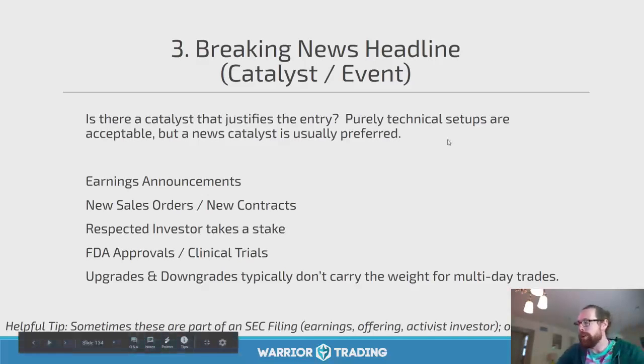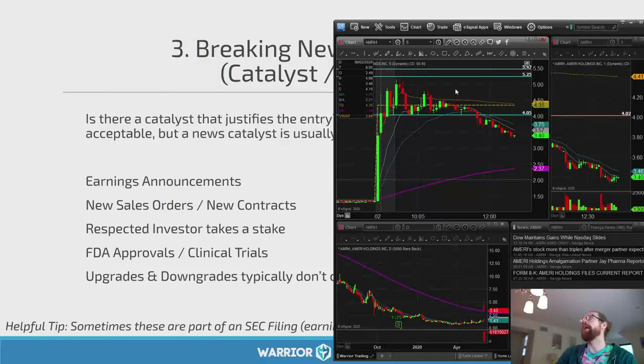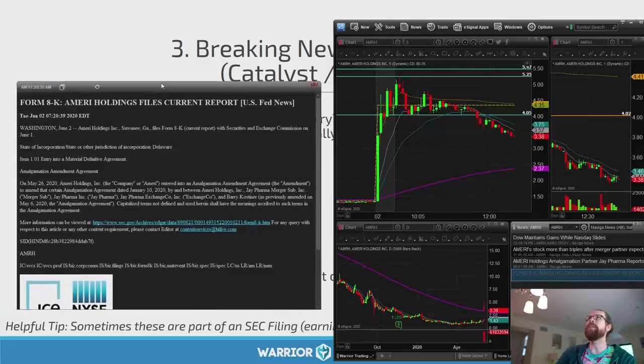So usually every day when I'm trading, and today was no exception, there are stocks I was trading. AMRH, this one I traded as it squeezed, as you can see, obviously pre-market, and then on this pullback up to a high of 5.50. And there was a Form 8-K out right here, as you can see.